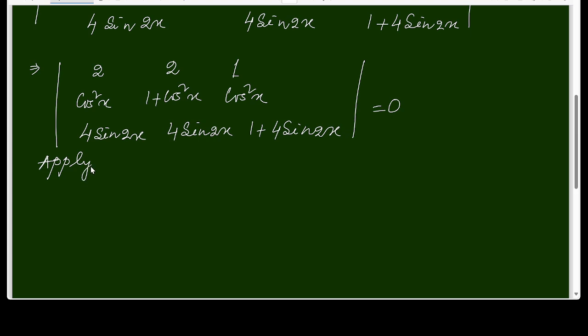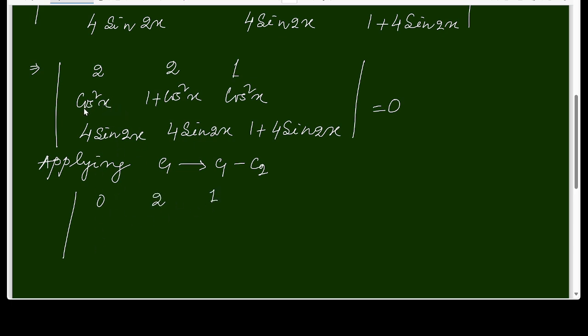Applying the property column 1 equals to column 1 minus column 2, so that we will get so many zeros. It becomes 2 minus 2, 0, and 2 this will be 1.